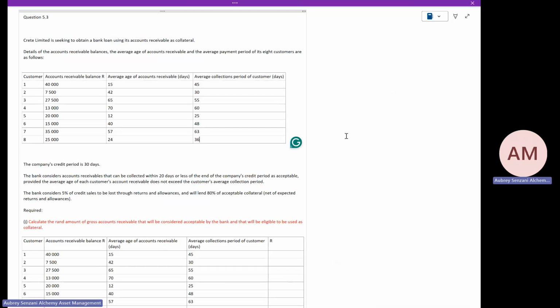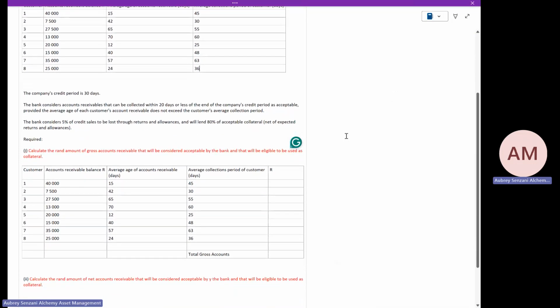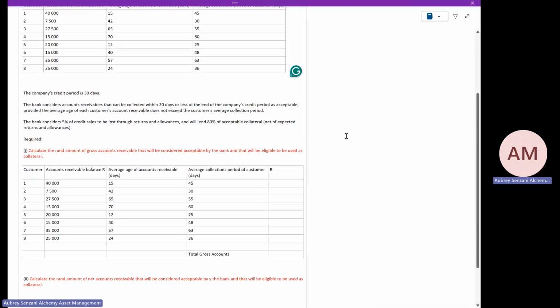Then it goes on to say, the bank considers 5% of credit sales to be lost through returns and allowances and will lend 80% of acceptable collateral, net of expected returns and allowances. Okay. So basically they're letting you know that after taking off that 5% that they expect to lose, will they then obviously fund 80% of that collateral?